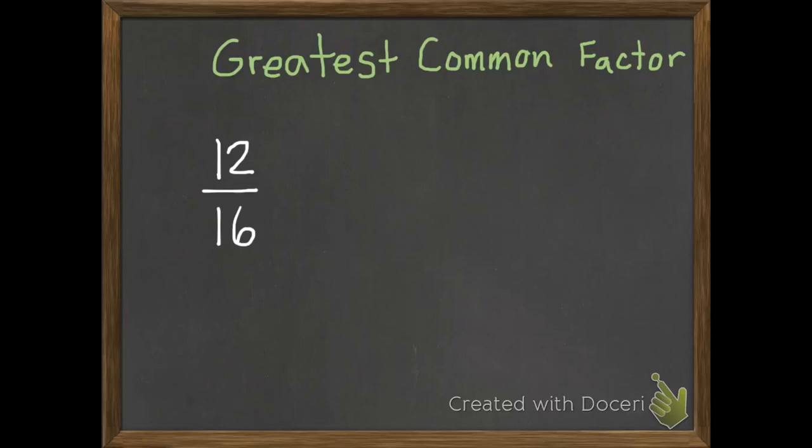So if we have 12/16, we want to make it simpler, and we need to divide. You could just look at it and say, oh, they're both even, so I can divide by 2. And that works. You're going to get 6/8. And this is simpler, but we want the simplest form.